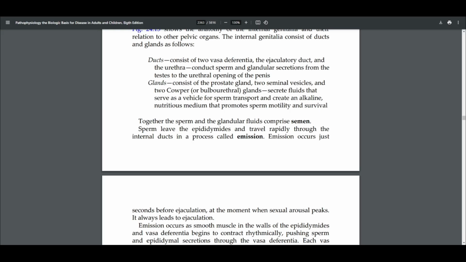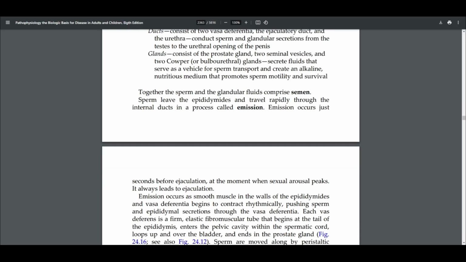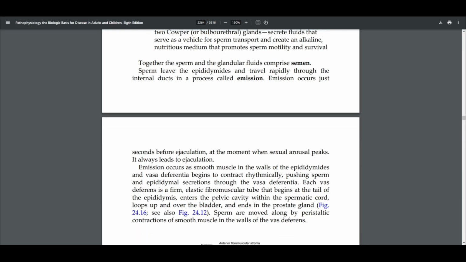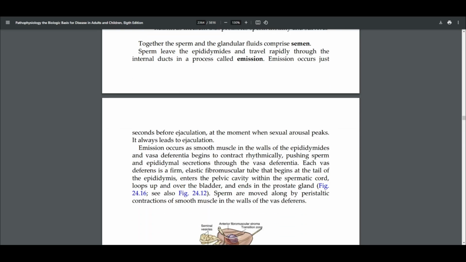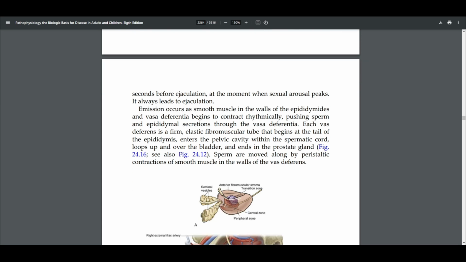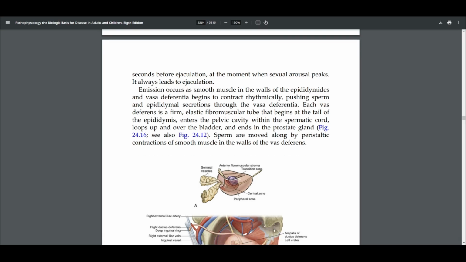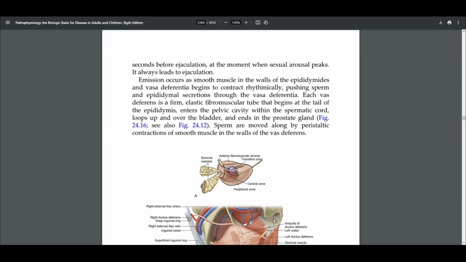Sperm leave the epididymis and travel rapidly through the internal ducts in a process called emission. Emission occurs just seconds before ejaculation, at that moment when sexual arousal peaks. It always leads to ejaculation. Emission occurs as smooth muscle in the walls of the epididymis and vasa deferentia begins to contract rhythmically, pushing sperm and the epididymal secretions through the vasa deferentia.